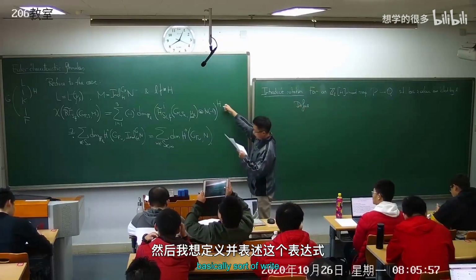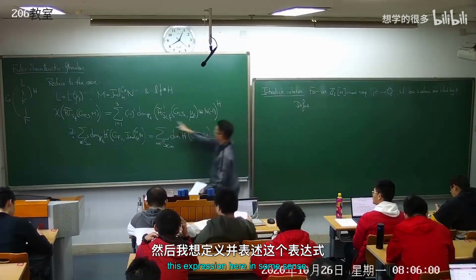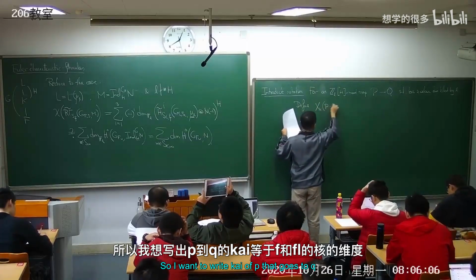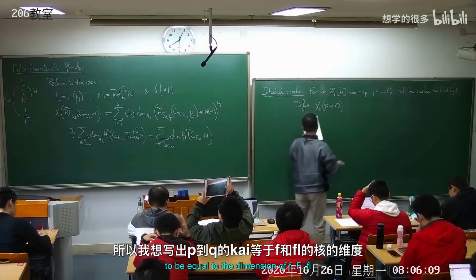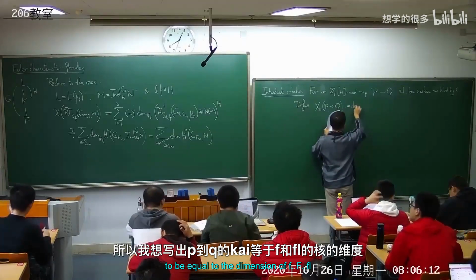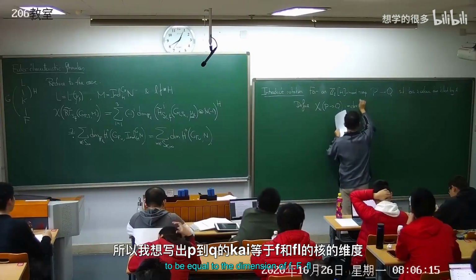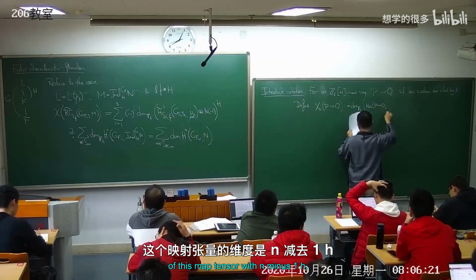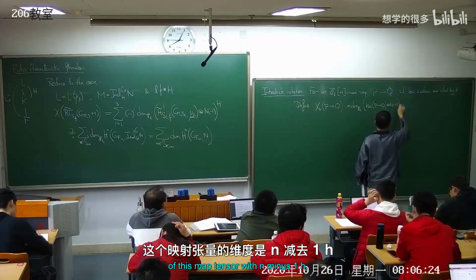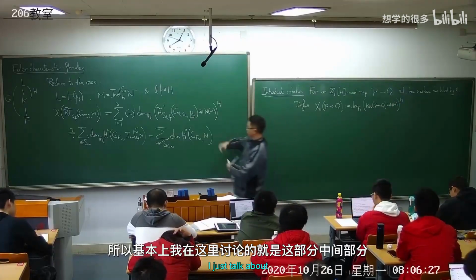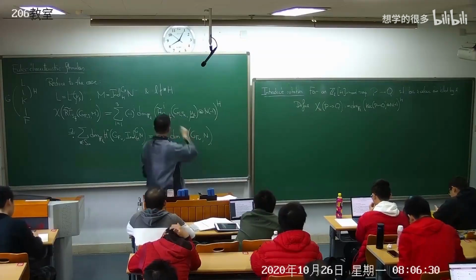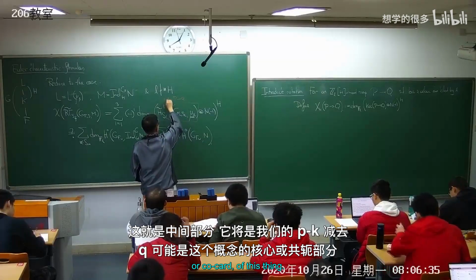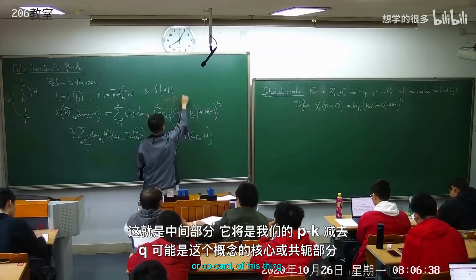I want to basically write this expression here in some sense. So I want to write chi of N of P going to Q to be equal to the dimension of FL of the kernel of this map tensor with N minus 1 H. So basically whatever I have over here, I just talk about this middle part here. So this is the middle part, which will be our P to Q, either kernel or cokernel of this thing.